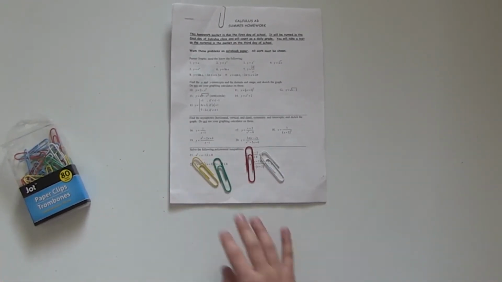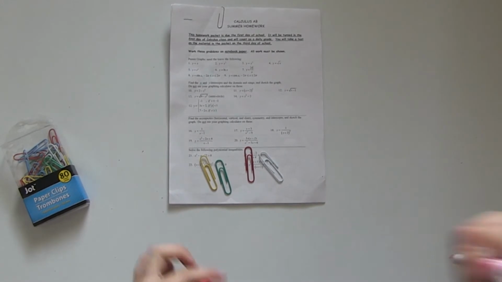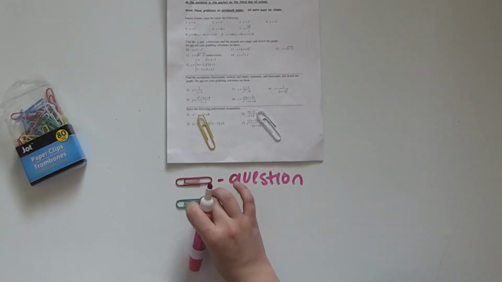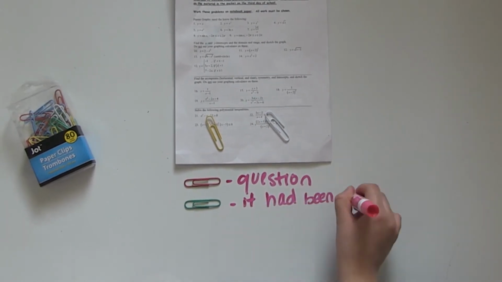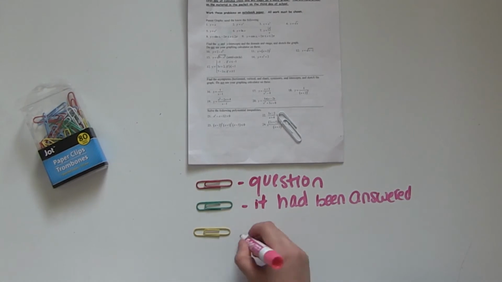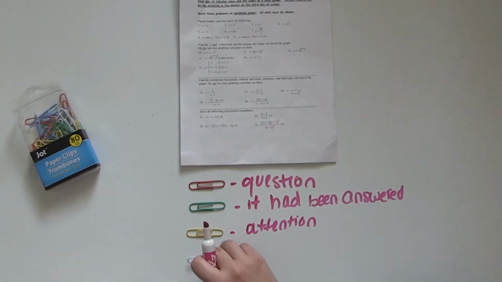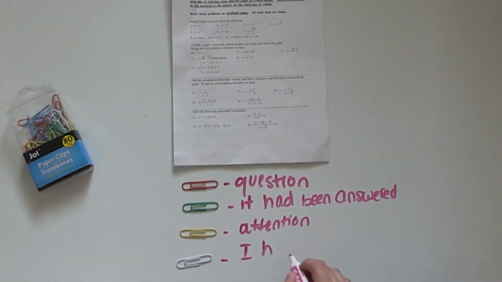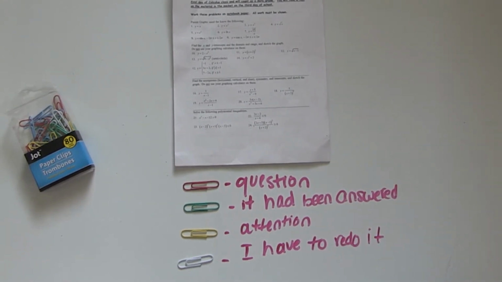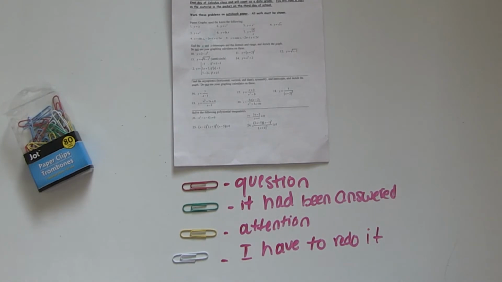Now these have different functions. Red is a question, and I'll show you an example in a bit. Green means it has been answered. Yellow is attention. And for white, I have to redo.